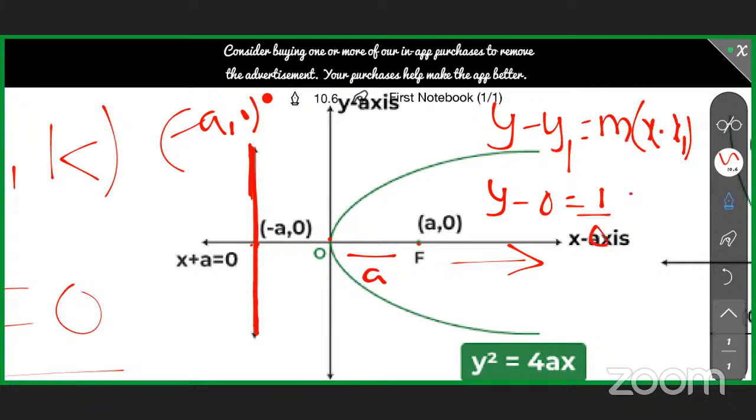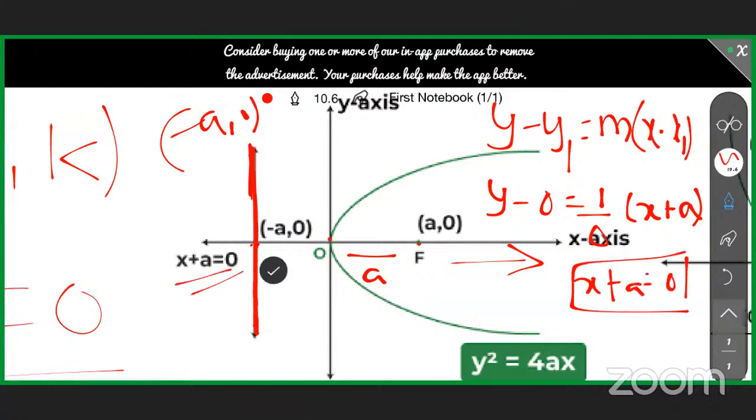X I keep as it is, and x1 is minus a, so it becomes plus a. If I cross multiply, 0 into anything is 0, so x plus a is equal to 0 is the equation of this directrix. Or if you want to simplify further, x is equal to minus a.